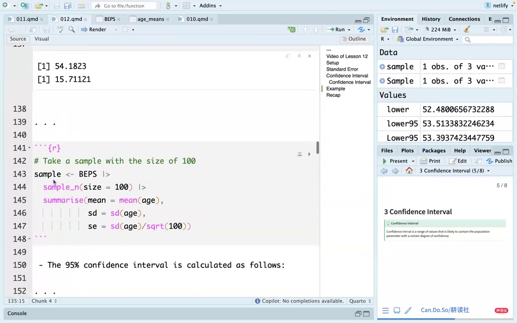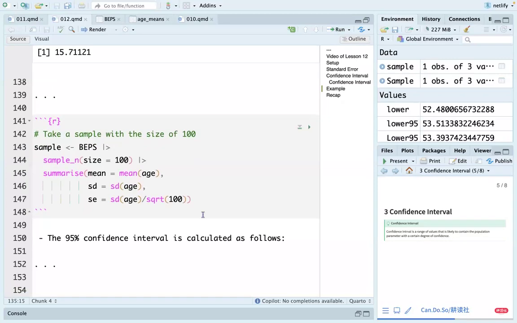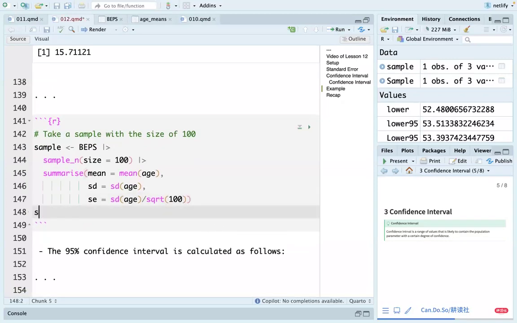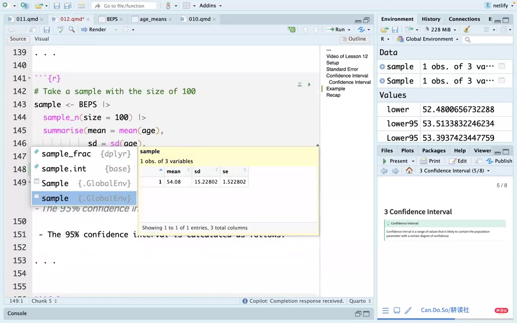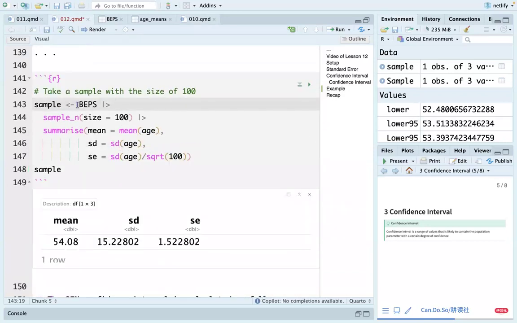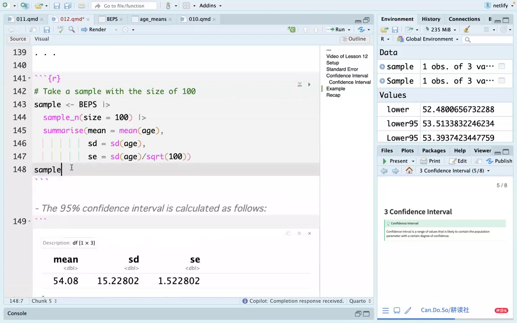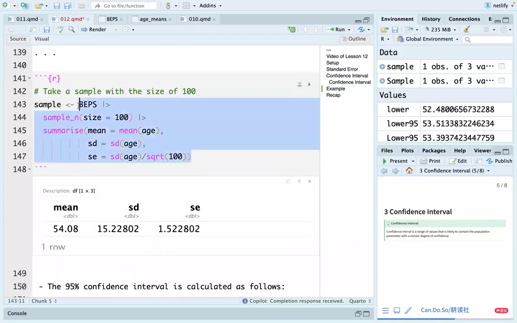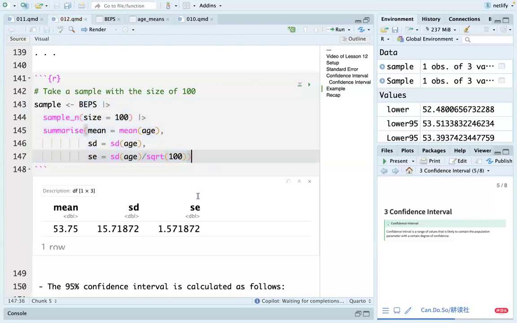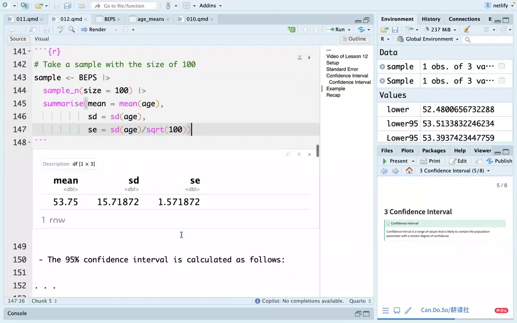If you still remember, this means taking a sample of 100, and this one finds the mean of the sample, the standard deviation of the sample, and the standard error of the sample. It's 53, 15, and 1.757.